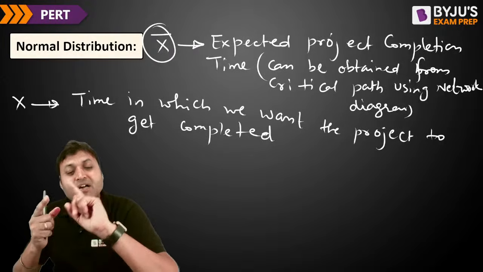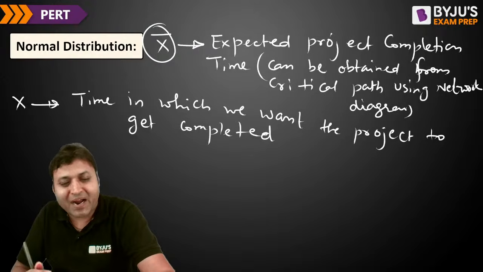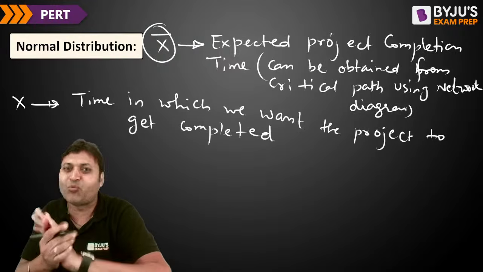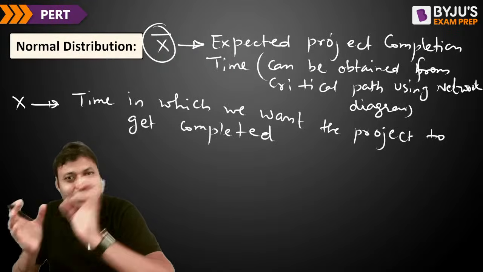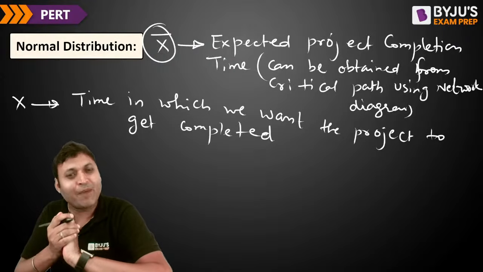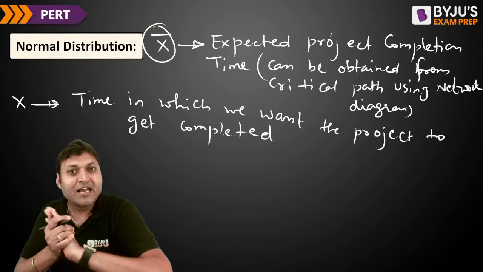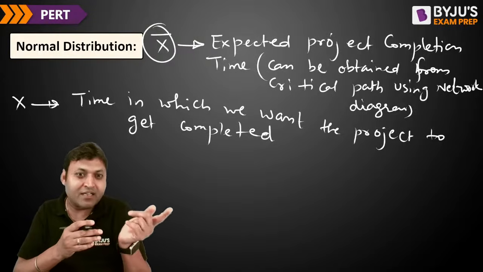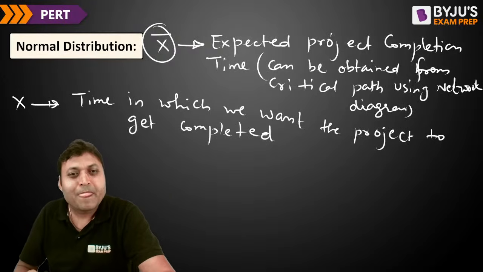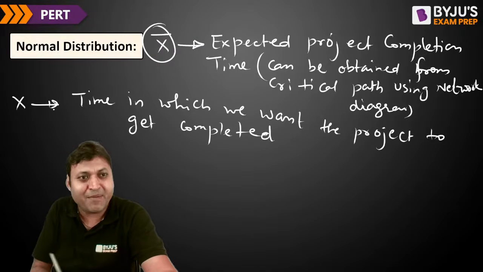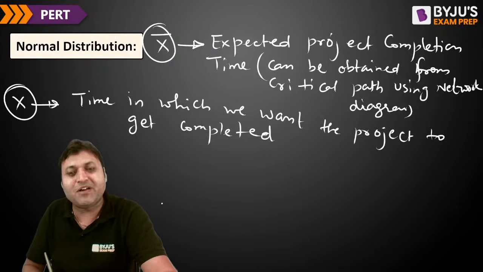The second step is to find the expected activity time estimates using the optimistic, pessimistic, and most likely time. Then put those values on the network diagram and find the critical path. The longest path of the project will be the critical path, and the sum of time taken by the critical activities will represent the project completion time. So x bar is that project completion time, and x is the time by which we want the project to get completed.